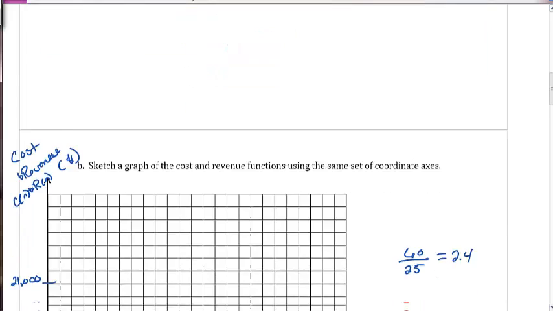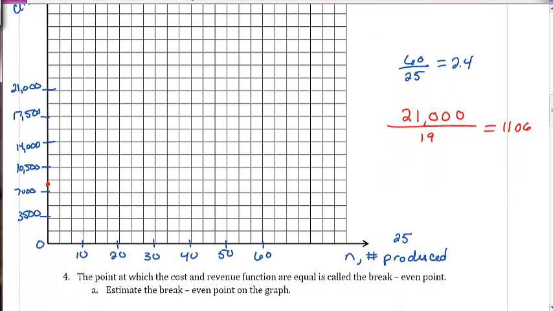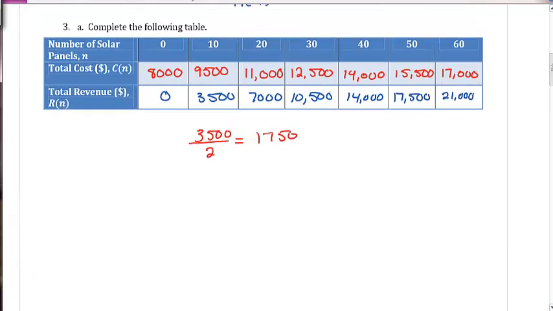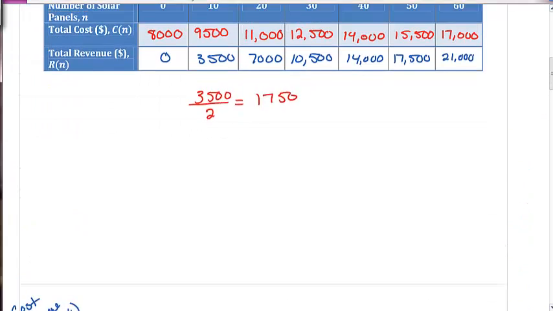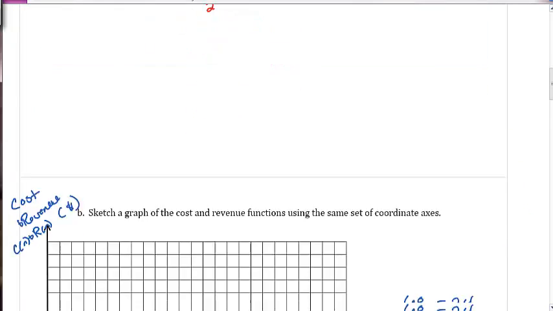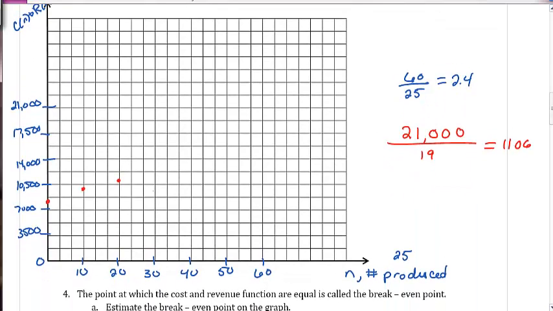And then we have 10, 9,500. So that's going to be a little bit below the 10,500. And then we have 20, 11,000. So here's 20, and so we're going to be right above the 10,500 there. And then 30, 12,500. That'd be about right there.